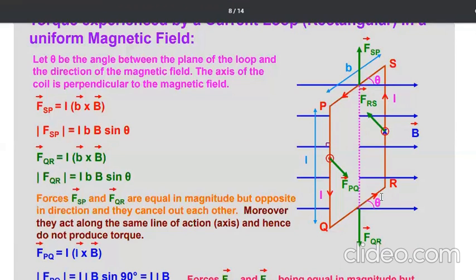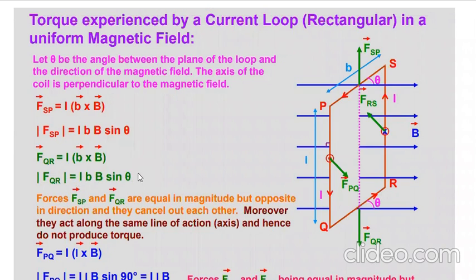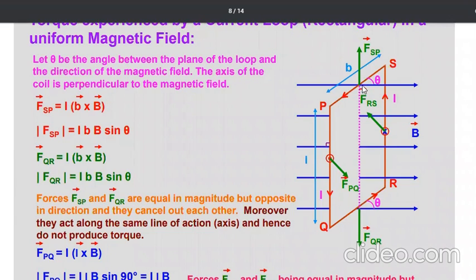But the angle or orientation of this arm and this arm is the same. Therefore, magnetic force acting on this arm will be F_QR equal to I b B sin theta. The only difference will be that the direction of force will be opposite to that of this one.